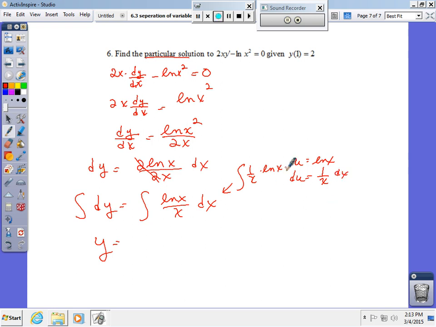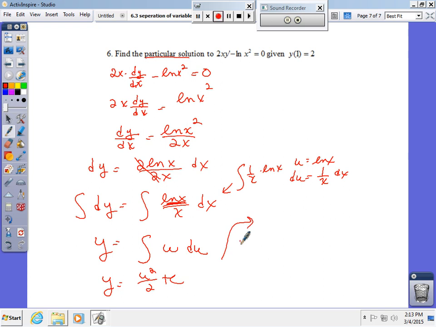So what this is going to end up becoming is the integral, the 1 over x dx is my du, and the ln of x is u. And now when I go to take the antiderivative of that, I'm going to get u squared over 2 plus c.